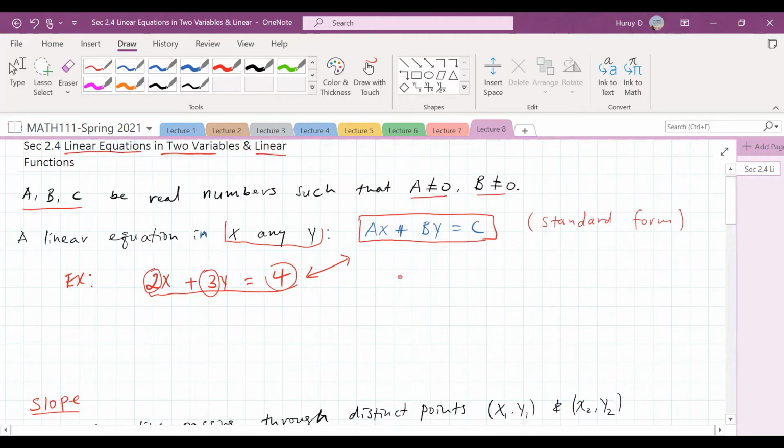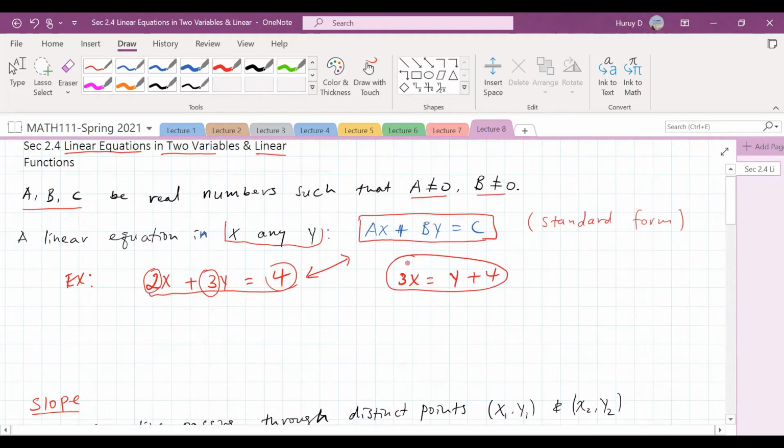Or we can have, for example, let's say 3x equals y plus 4. Now, this is not in standard form. Now, how do we write this one in standard form?